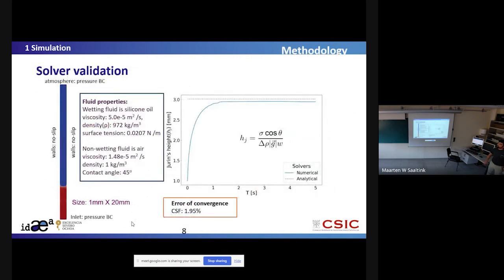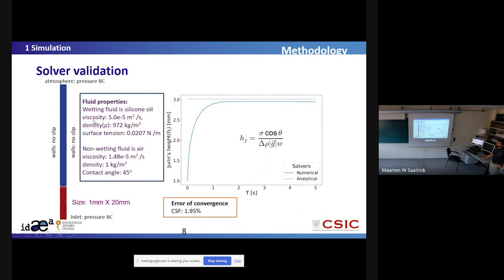All right. So once we got our numerical solver, we wanted to verify it, and we did a very basic solver validation problem. It's a straight capillary tube which has a size of 1 millimeter in x direction and 20 millimeters in y direction. We set our boundary conditions: pressure inlet, pressure outlet, and no-slip walls.